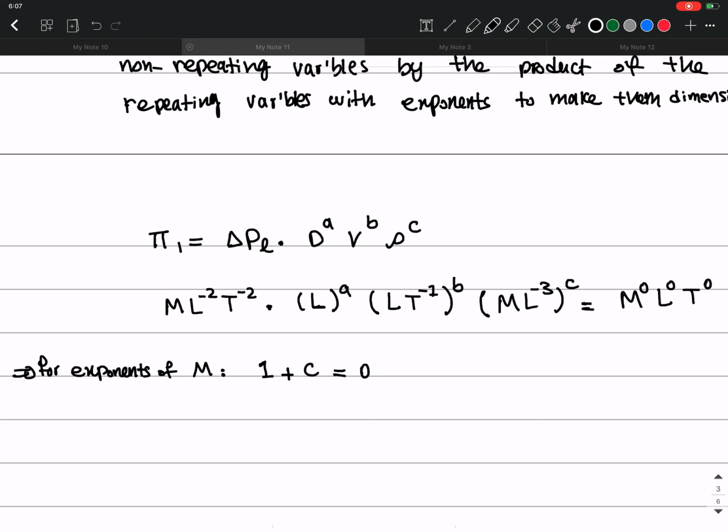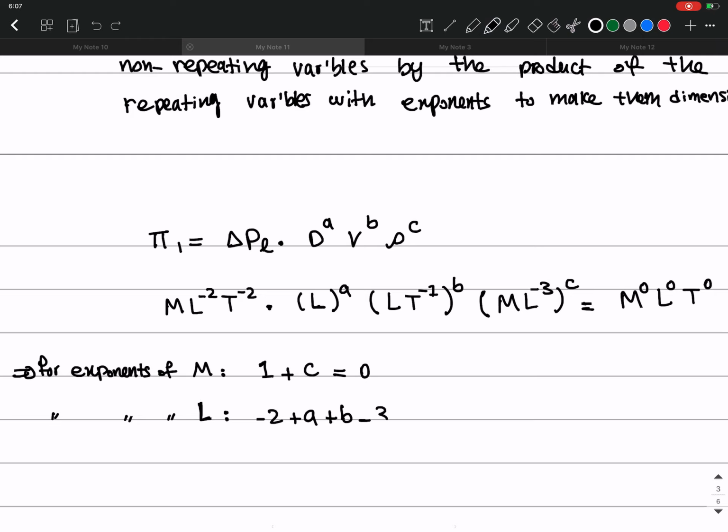And then the second one is for the exponents of L. We have what? The first term is minus 2. And then we have here plus a, here we have b, so plus b. And then here we have minus 3c, right?